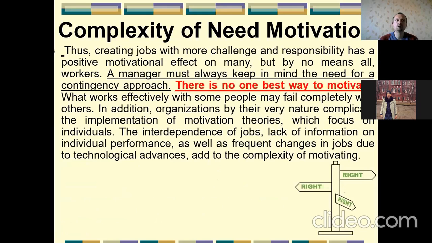It shouldn't be understood that there is no right theory. There are a lot of right theories connected with motivation, but there is no best reward. There is no best reward for everybody, I think.